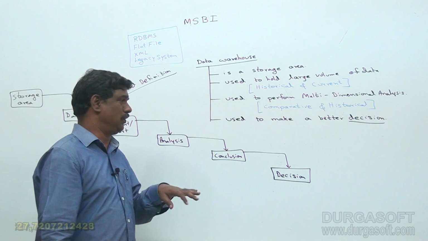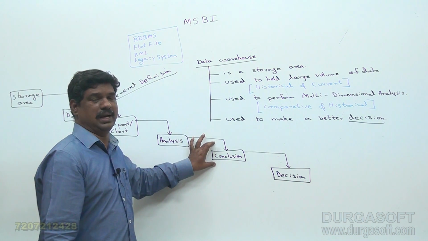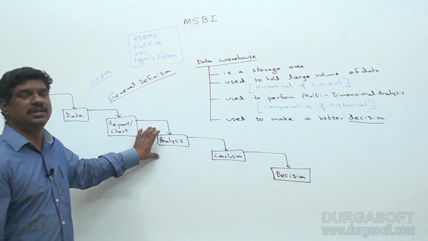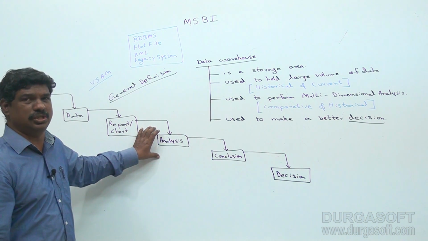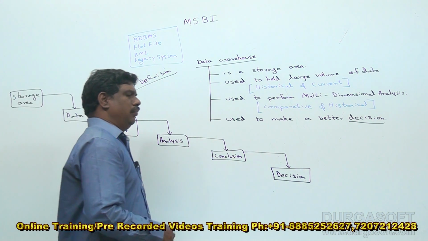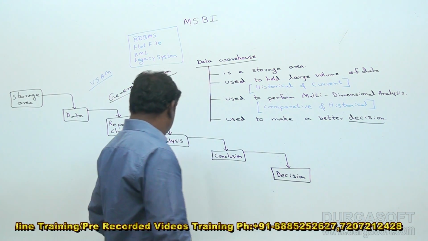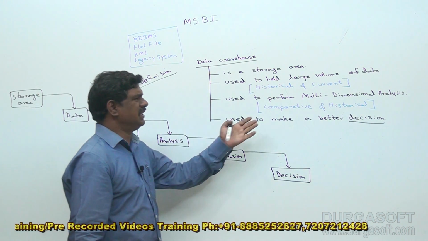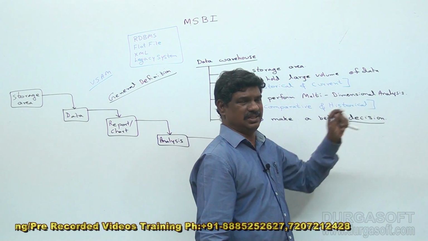But for that, first of all, you should know whether the current business is a success or a failure. For that, he has to study the current business information. That's what analysis is. How do you study? Maybe in a multi-dimensional format. That is the reason it is represented as multi-dimensional analysis.